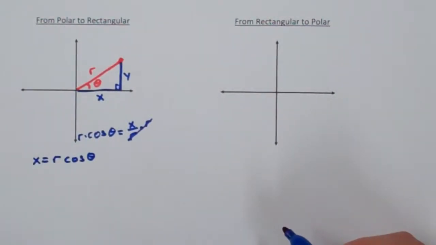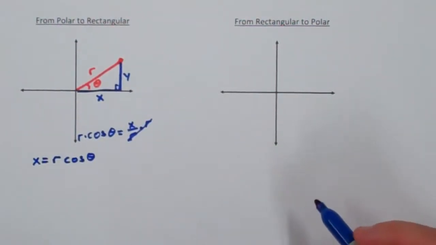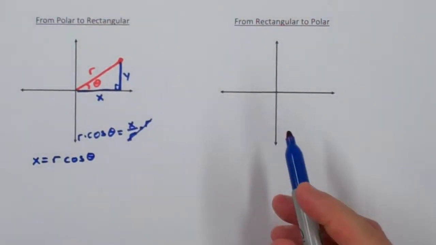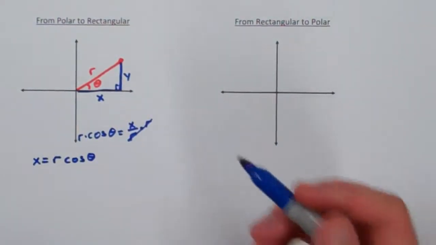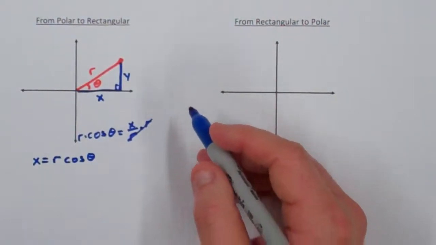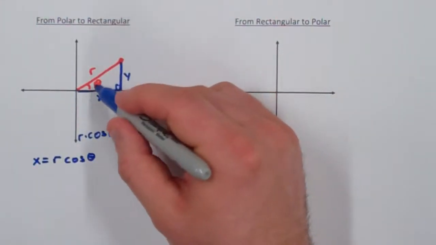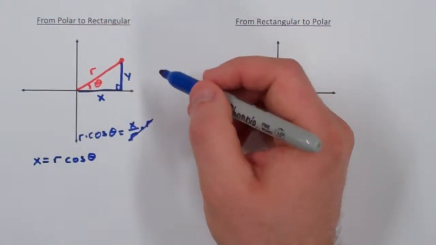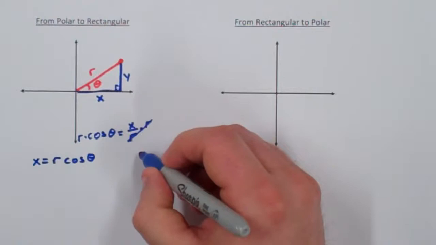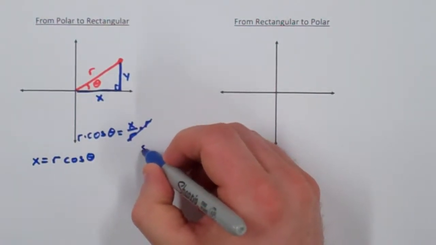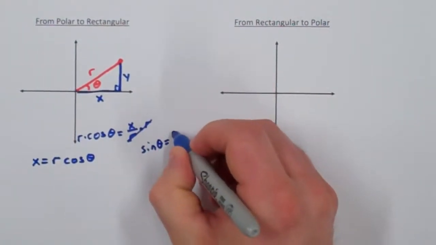This just uses some trigonometry, and we can now take any polar point and find the x coordinate in rectangular. So we're transitioning from polar to rectangular. You might ask yourself, does this work for y? It does, except now we've got the opposite and the hypotenuse, so we need a different trigonometric function, and that of course is sine. Sine of theta is equal to y over r.